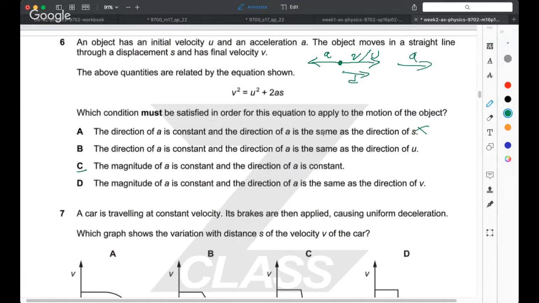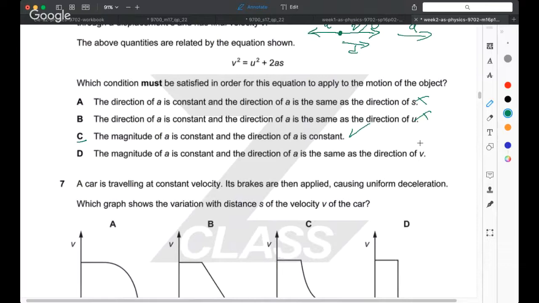Could be either. So it's not necessary that it has to be the same as this one. The only thing necessary is that the magnitude of A should be constant. Otherwise, this equation would not be satisfied.